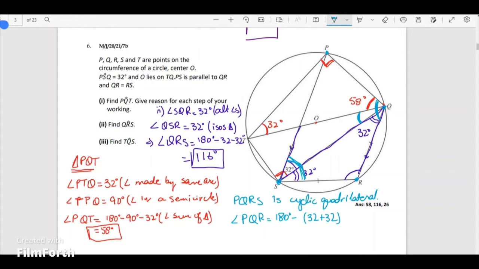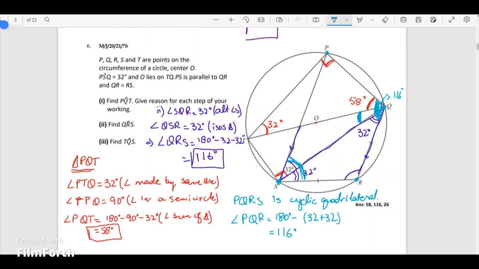So 180 minus 32 minus 32, we already have figured this out. This would be 116 degrees. So this whole is 116 degrees. Now we were not interested in this whole angle, we were just interested in this small portion of it.